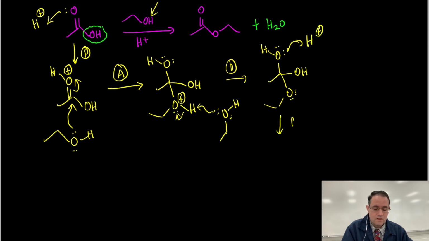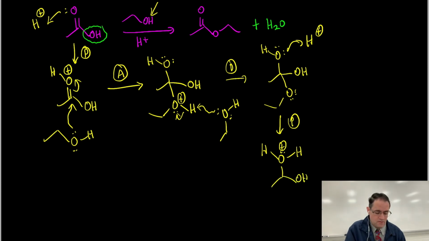Okay, so now I'm going to protonate this guy here. Now the reason we want to protonate there is to situate ourselves with a good leaving group. Now we have the water poised to be a good leaving group.